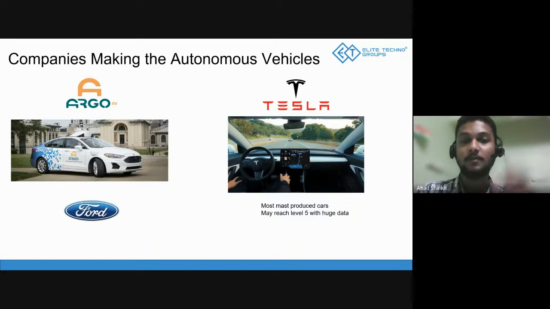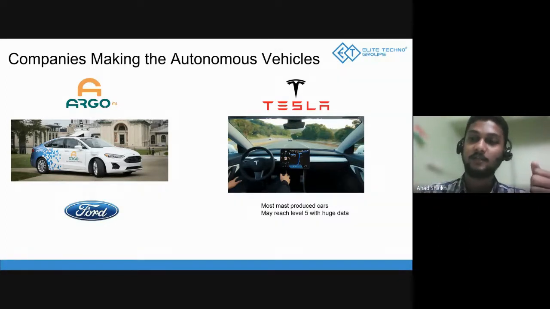If a company just keeps testing in one particular region, it won't make them a good player in this domain. They won't have a variety of data. They have to test their vehicles in different regions of the world with different climatic conditions, different human behaviors, and different manual driving situations. These are the factors on which the progress of the autonomous vehicle industry depends.